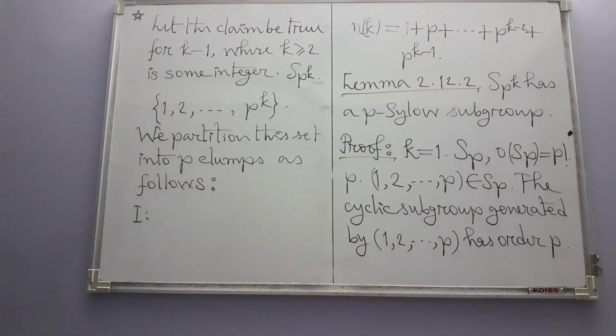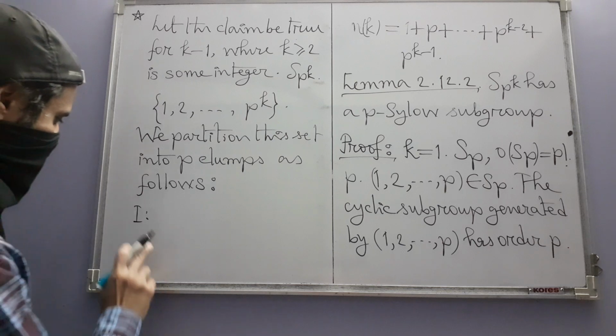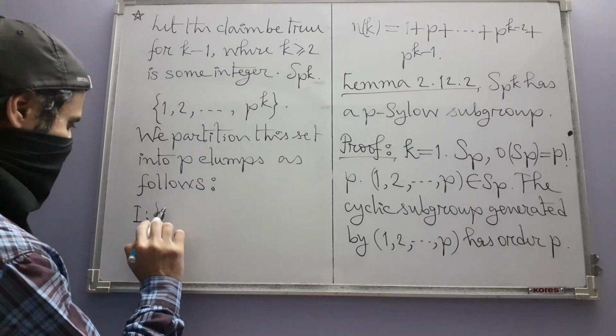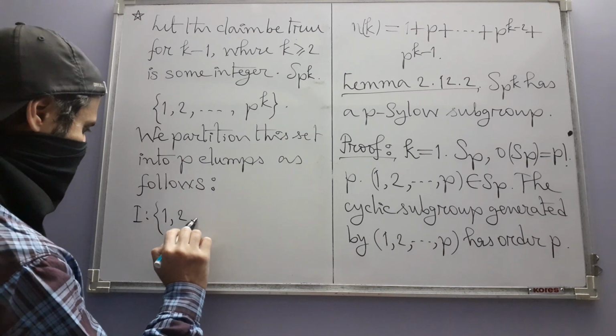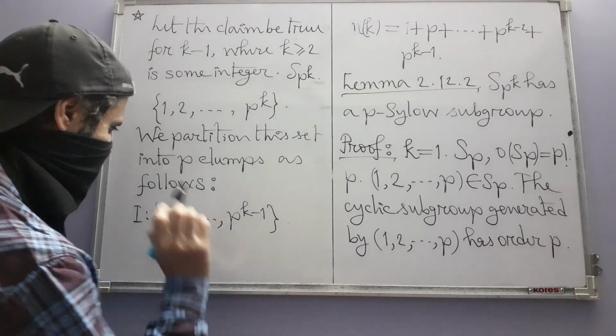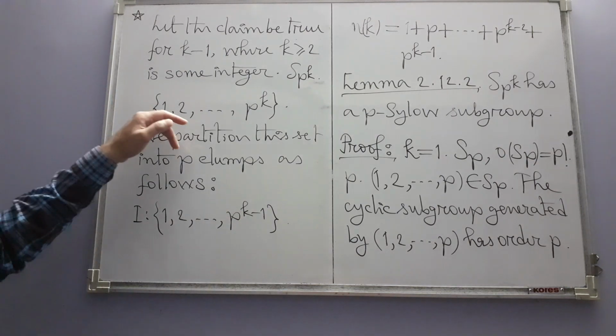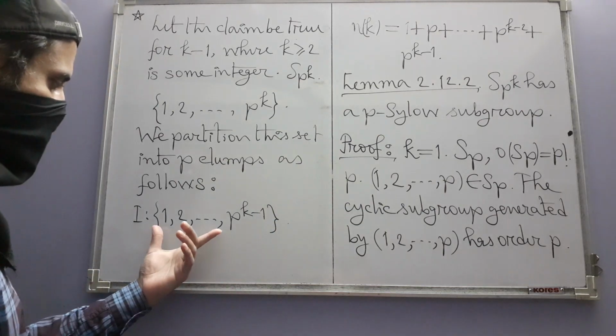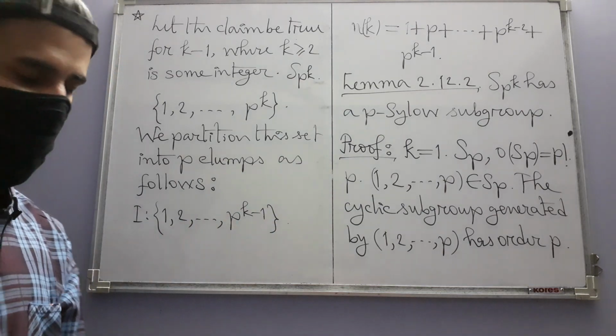Clump number 1. For the sake of clarity, let me give them numbers also. In the first clump, we will of course consider the numbers in their natural order, but we stop here.